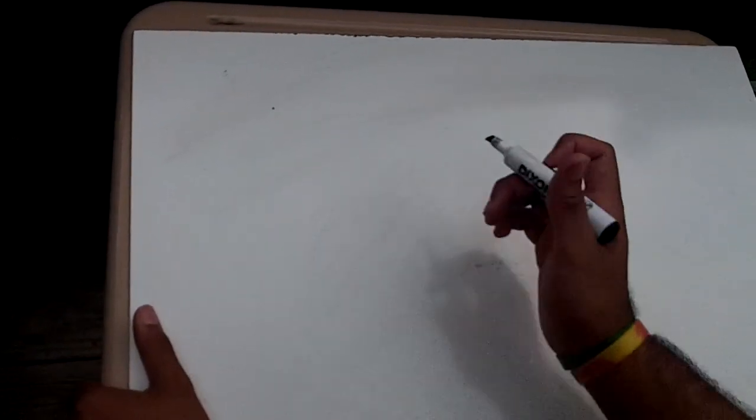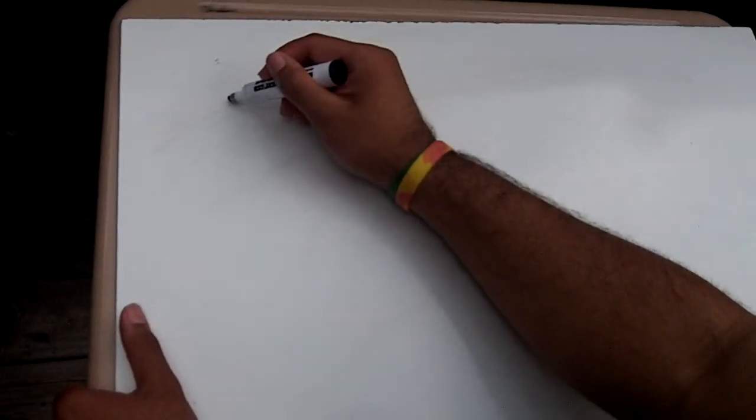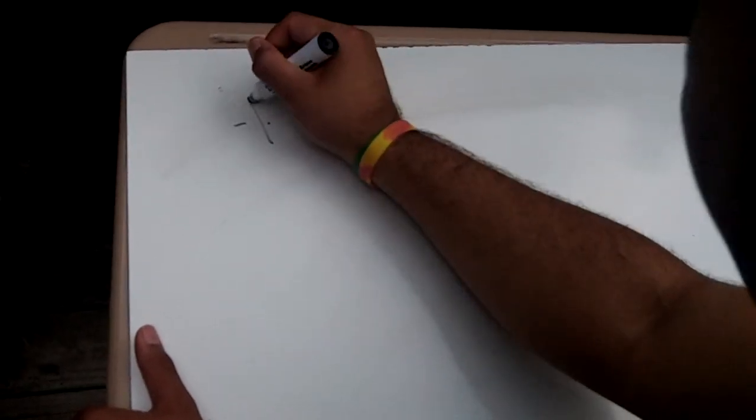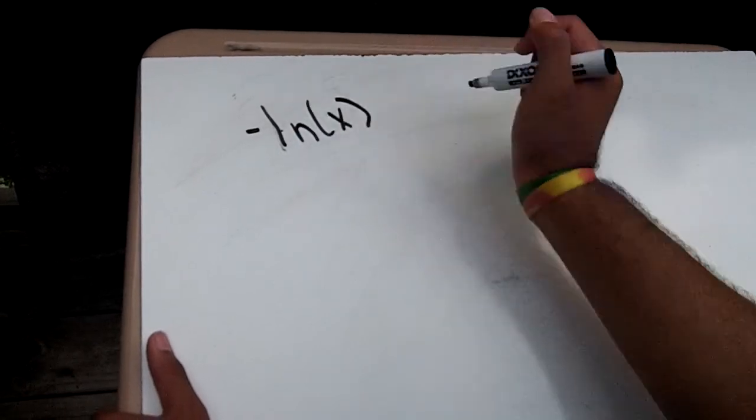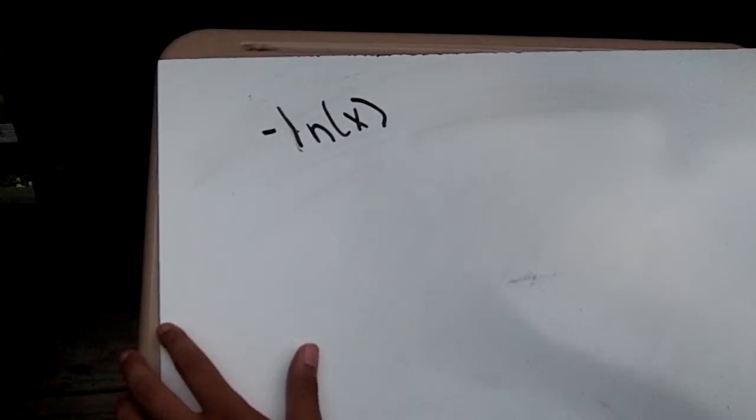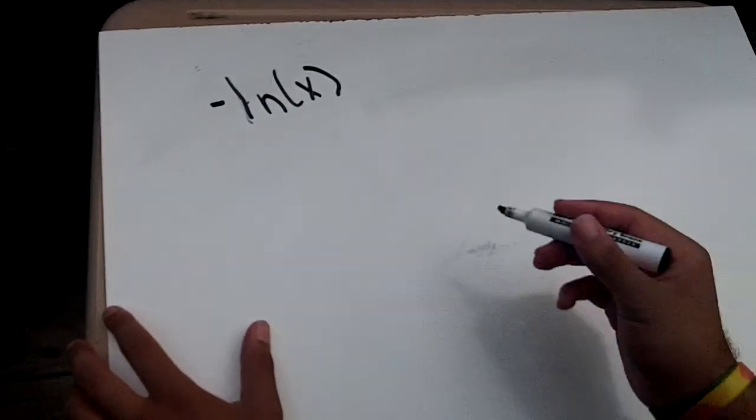All right, now I'm going to be explaining flipping vertically and horizontally. Vertically, you put a negative in front of the whole function. So that's going to make the graph flip over the x-axis like a mirror.